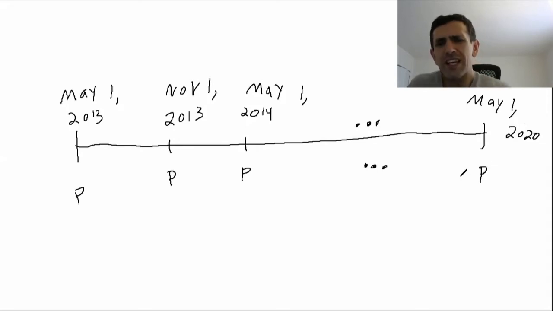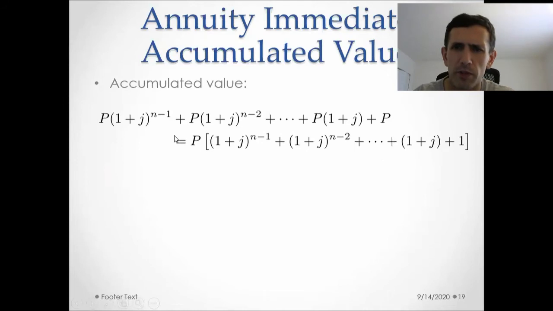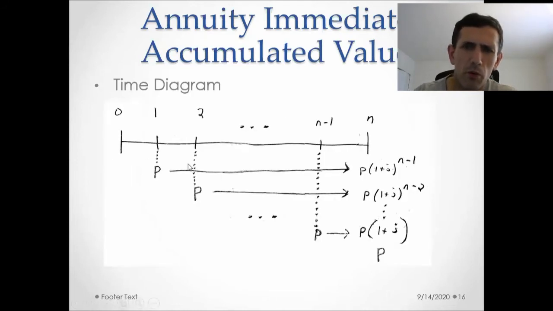So you'll notice that this is not exactly the timeline that corresponds to our annuity immediate situation. Sorry about that. Computer kind of went a little weird there for a moment.